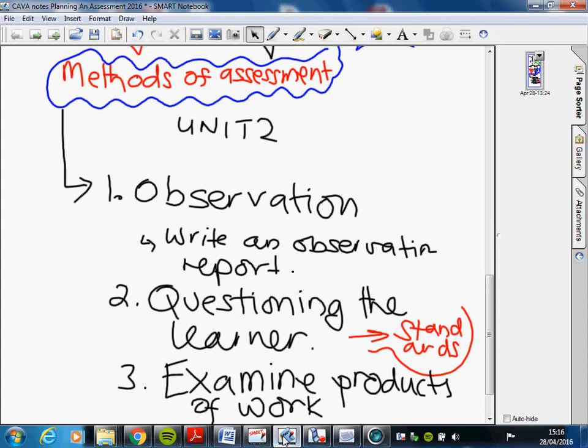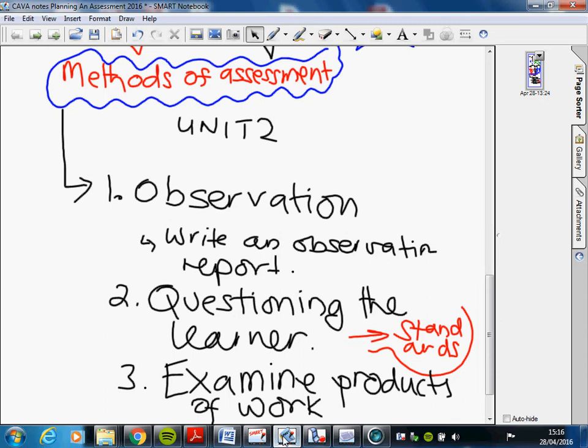Let me just make a point here. In some disciplines or industry, you are required to produce a tangible product that you can see. Maybe if it's ceramics, you're producing some vase or cups or plates. You can examine that, whatever you're producing.